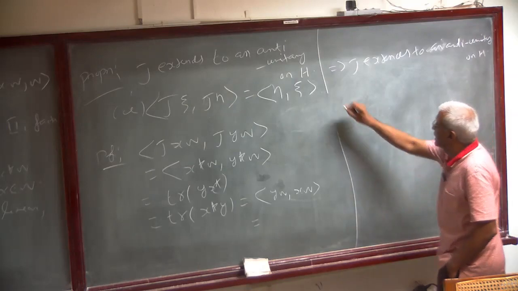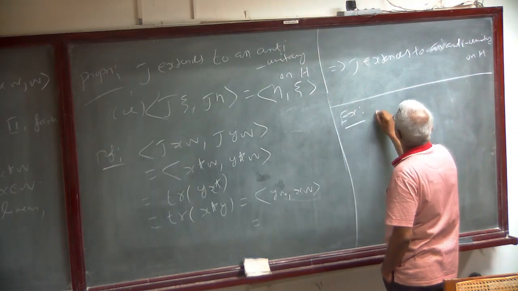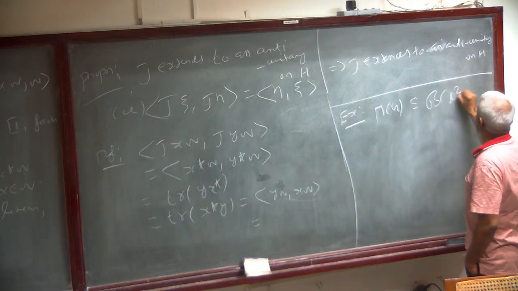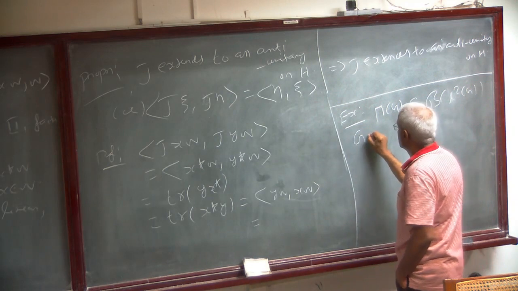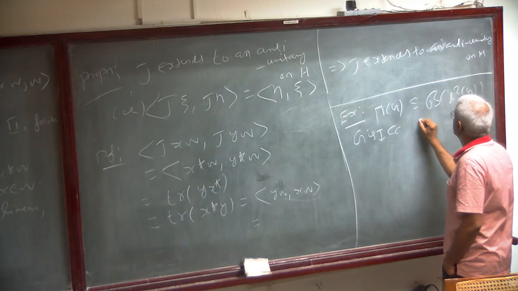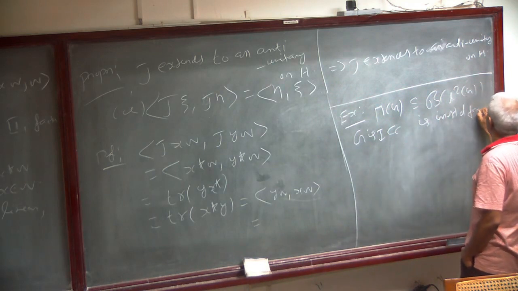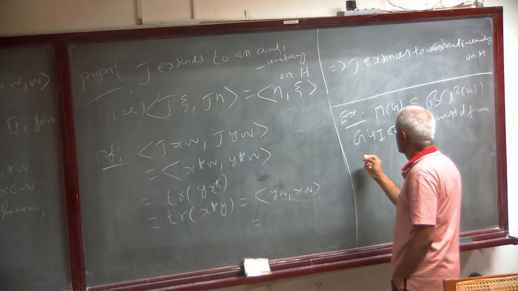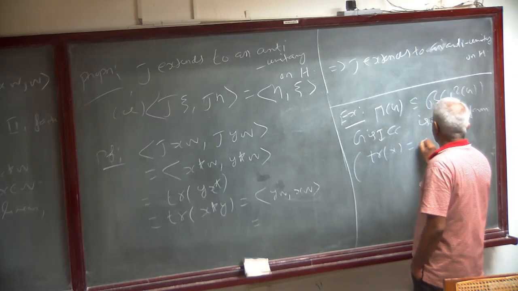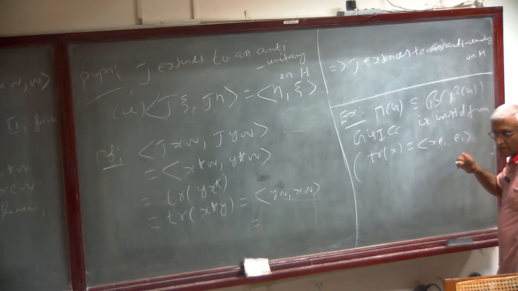So I forgot to say this example. Our gamma G, in B of L2G, where G is ICC, infinite conjugacy class, of course. Then this is in standard form. Of course, we defined our trace of x as x E1, E1, where E1 is the orthonormal basis vector corresponding to the identity 1.